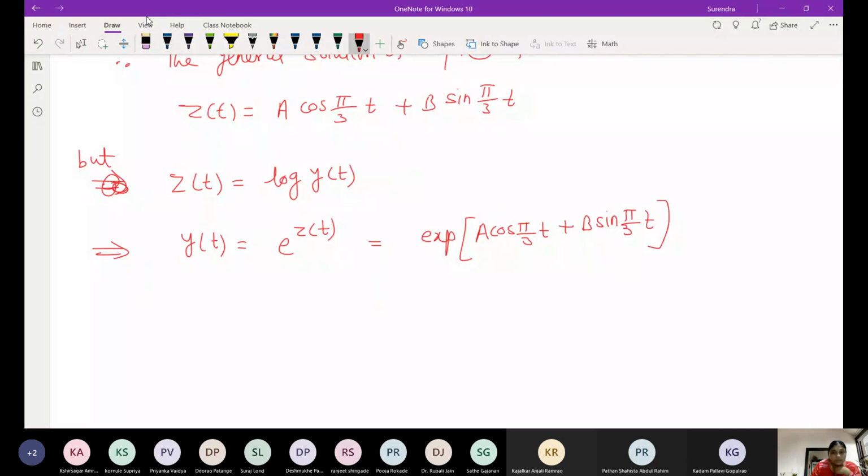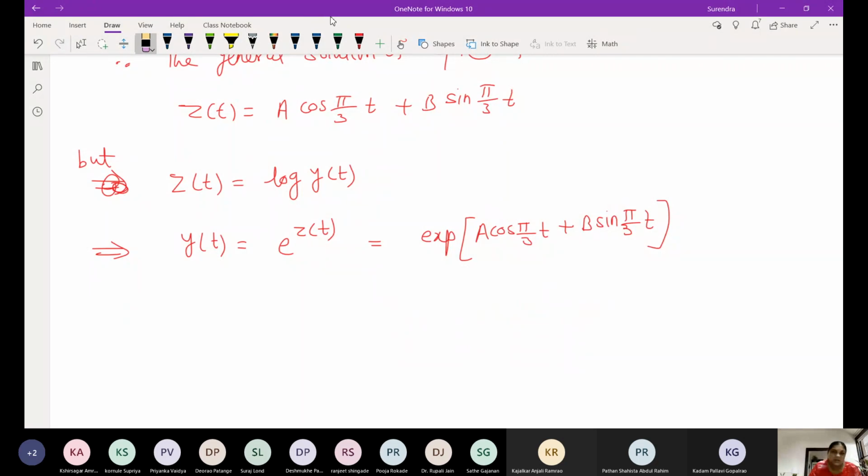or I can write it as c raised to cos pi by 3t into d raised to, or we can keep it like this also, no problem. Okay, which is the required solution? Either you simplify or you can keep this.